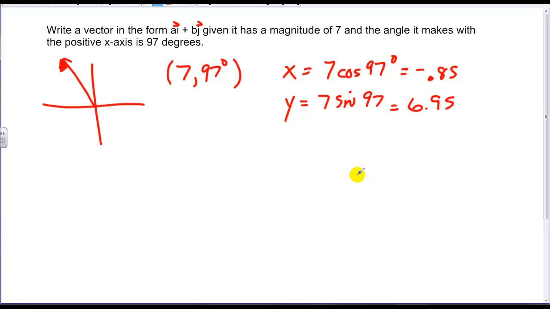So if I convert those to unit vector form, I have negative 0.85 i plus 6.95 j. A lot of new vocabulary.